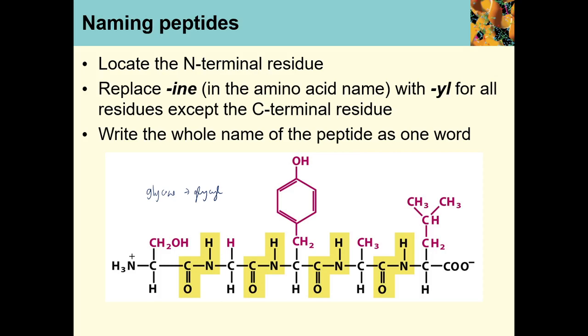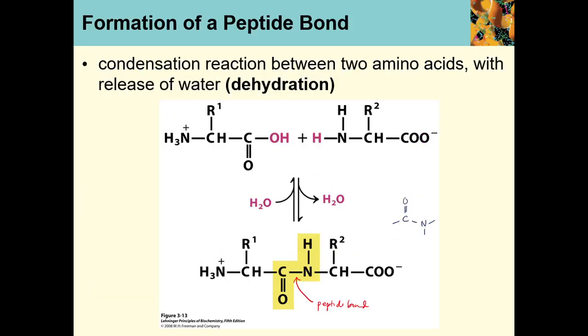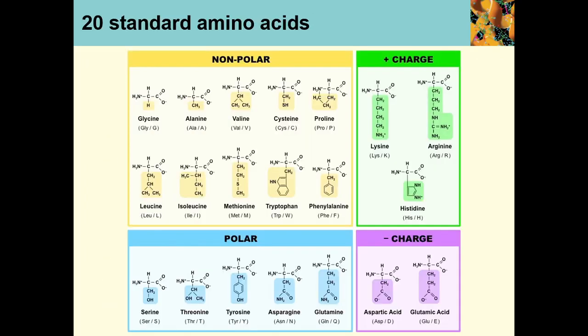Okay. So before we proceed with the naming, let's go back to the table of the 20 standard amino acids. So if you have your glycine, this will now become your glycyl. Your alanine will become alanyl. Your valine will become valyl. Your cysteine will become cysteinyl.